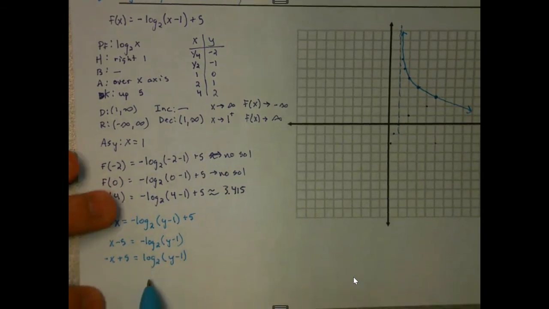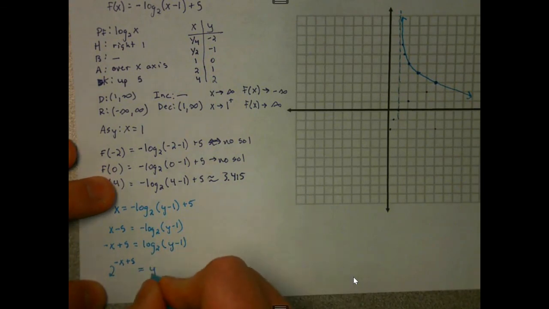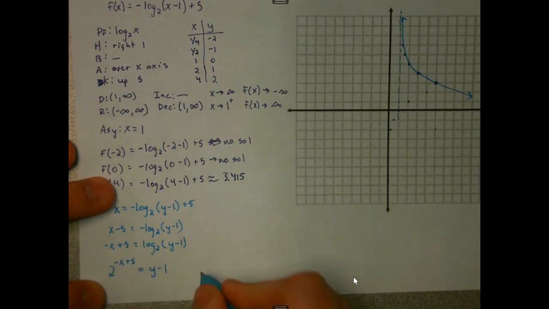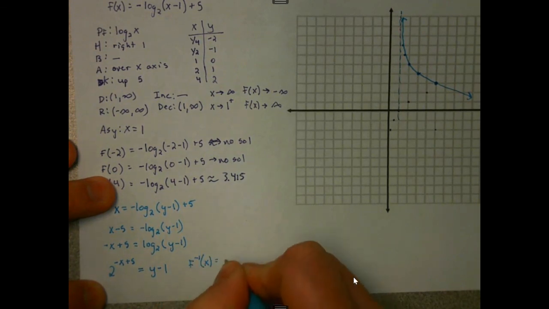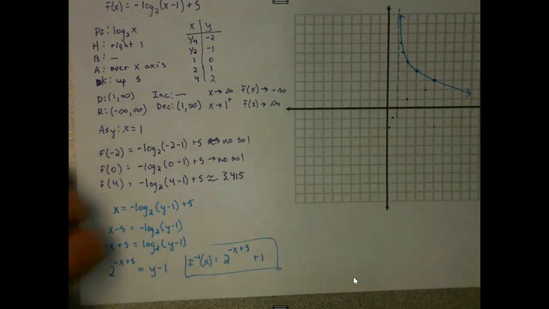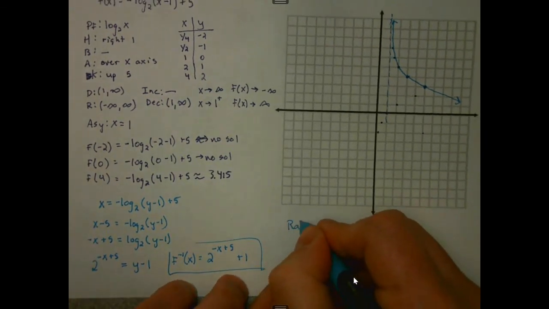Change it from a log to exponential. So we're going to rewrite it with base of 2. So 2 to the negative x plus 5 equals y minus 1. And then we're going to add 1. So f inverse of x equals 2 to the negative x plus 5 plus 1. So there's your inverse.